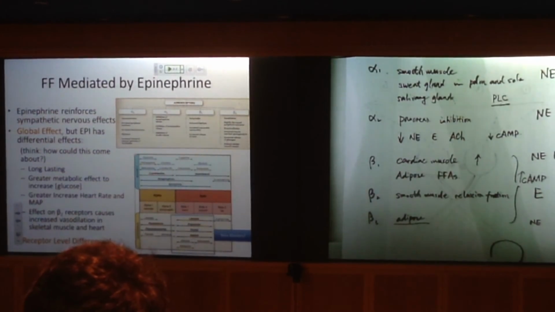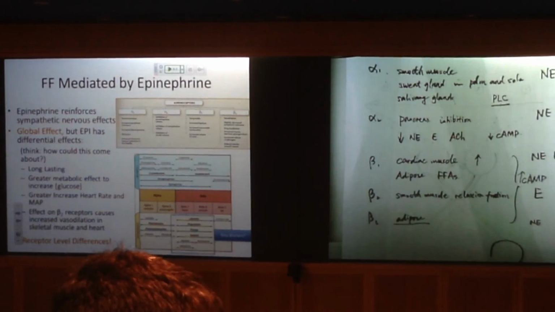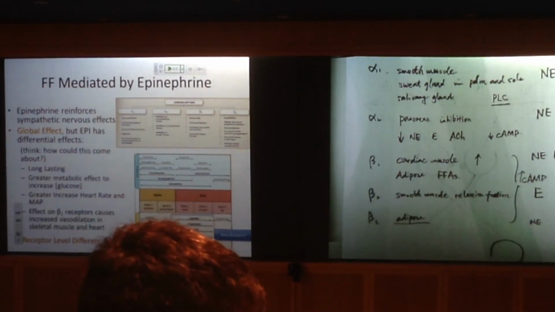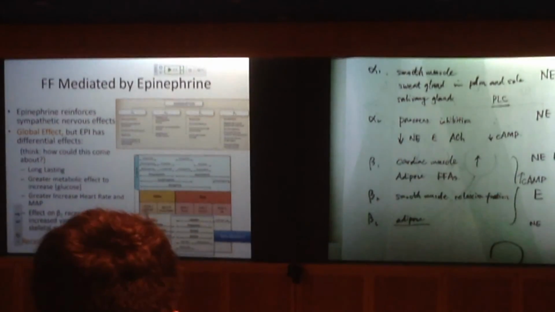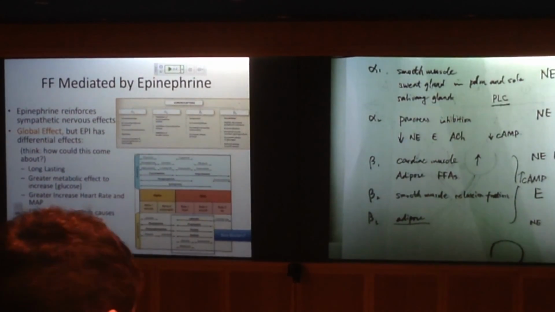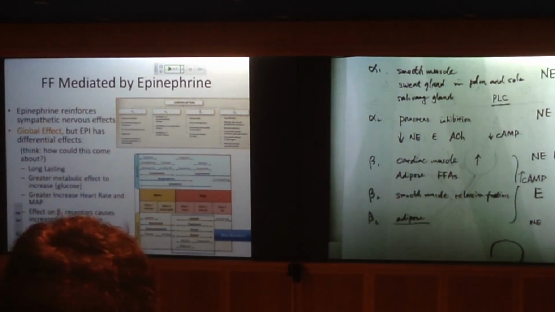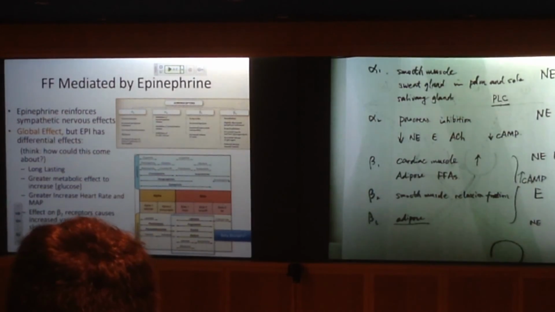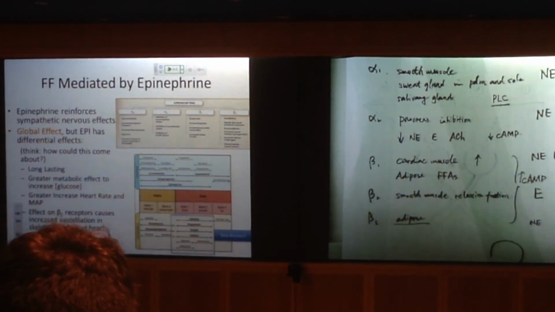So you can see that effect on the beta-2 receptors causes increased blood flow to your skeletal muscle and the heart. That is a differentiated effect that can be found in epinephrine. So epinephrine can cause vasoconstriction in certain areas, but vasodilation in other areas. And how could this come about? The reason is because of different receptors.